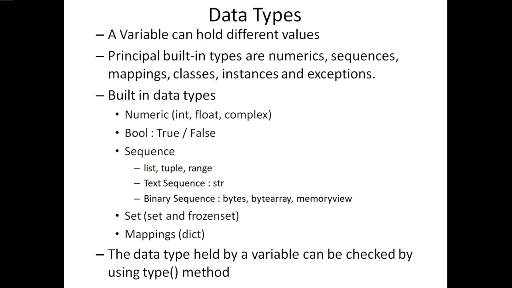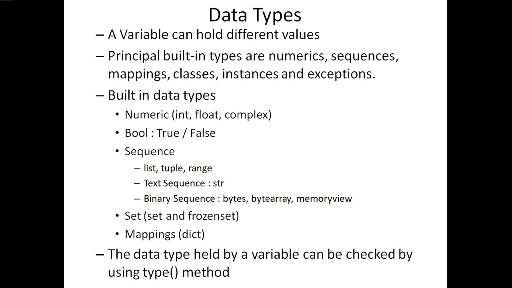There is also a binary sequence which works with bytes, bytearray, and memoryview. Binary sequence is used with videos, images, and even network traffic. Under set, we are going to take a look at set and frozenset and the difference between set and frozenset. And in mappings, we will take a look at dictionary.